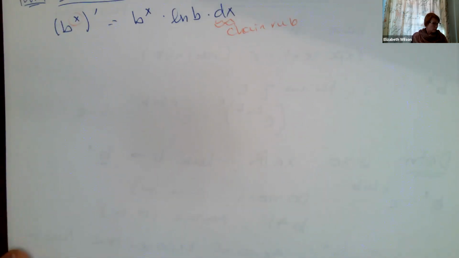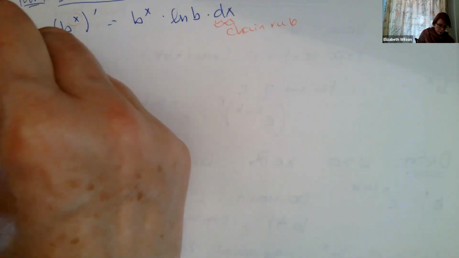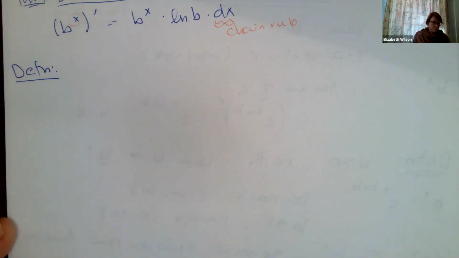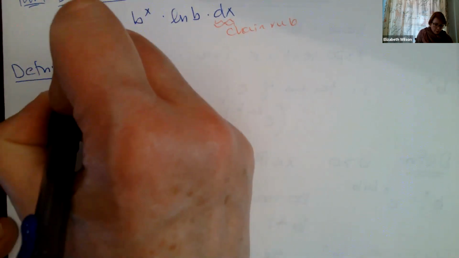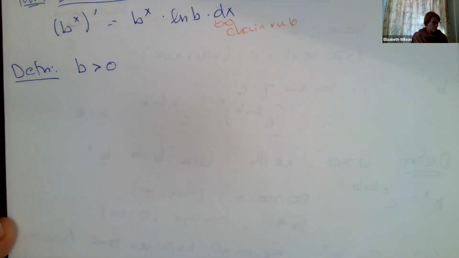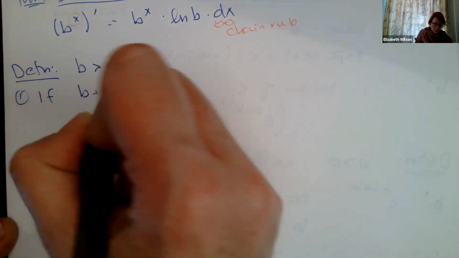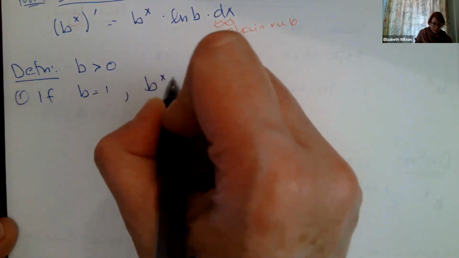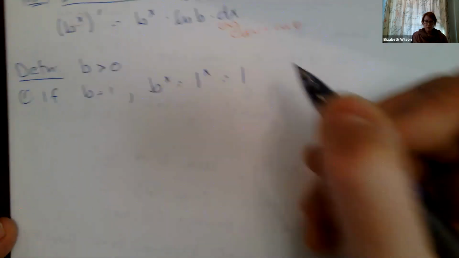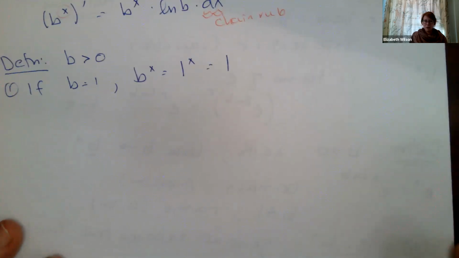So let's talk about another definition. If my base b is greater than 0, so let's spell it out. If b is equal to 1, it's not a problem, but b to the x is equal to 1 to the x, which is equal to 1. So it's not really an exponential function anymore.